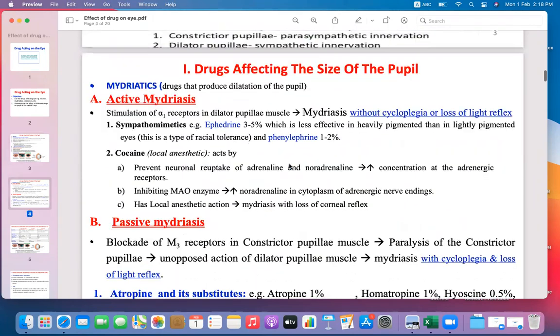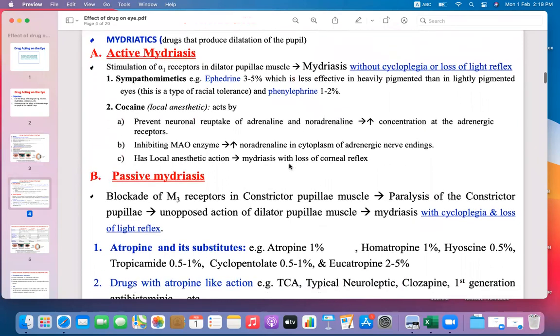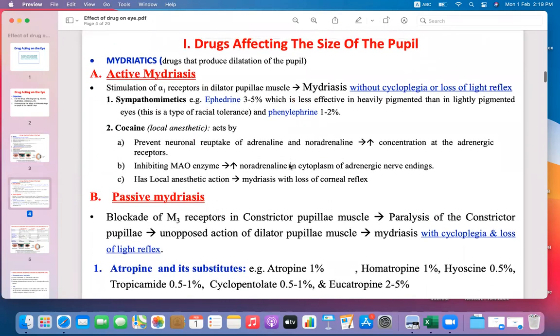Let us see the drugs which cause mydriasis, meaning dilation of the pupil, or we can say increase in the size of the pupil. There are two types of mydriasis here: active mydriasis and passive mydriasis. What is active?